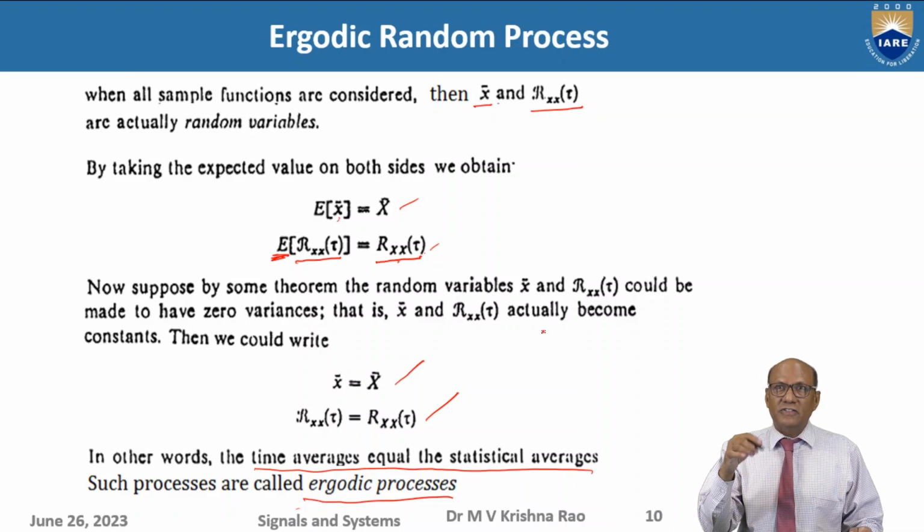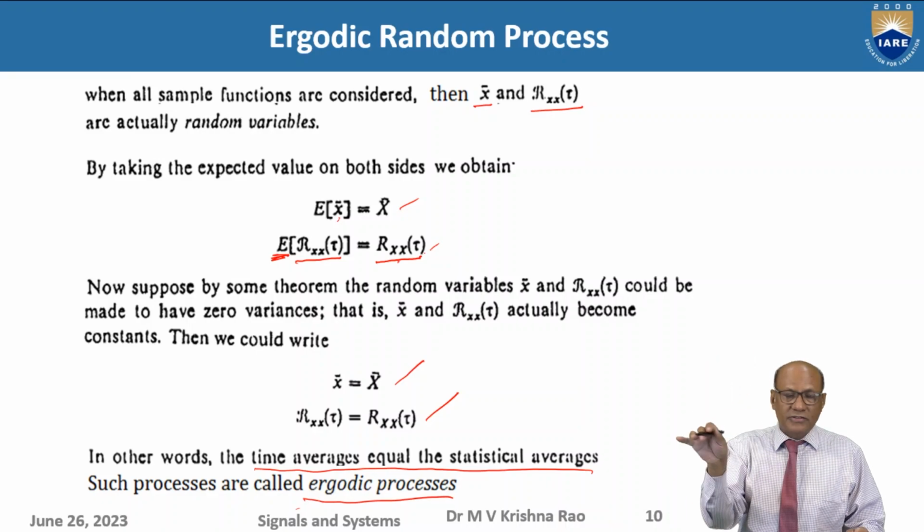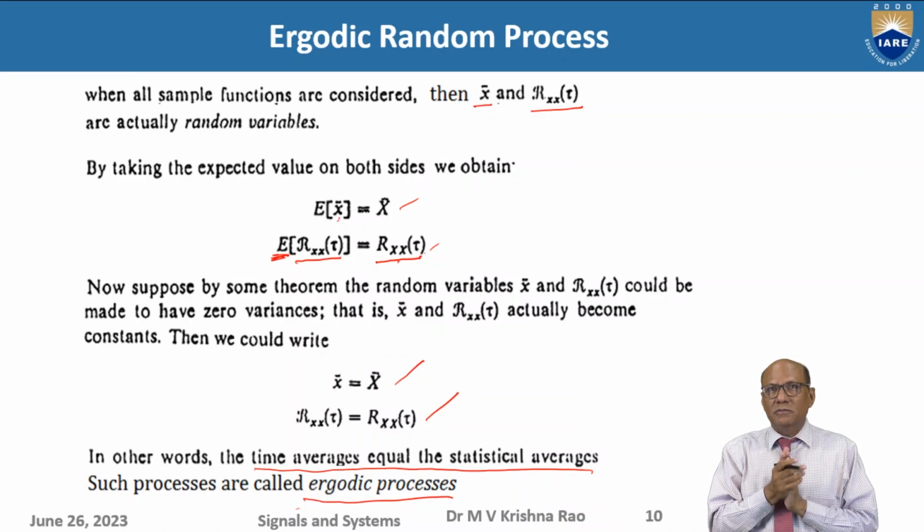If the density function is Gaussian, you call it a Gaussian random process. That means all sample functions and all vertical random variables follow the Gaussian density. That's why the total process becomes a Gaussian process.